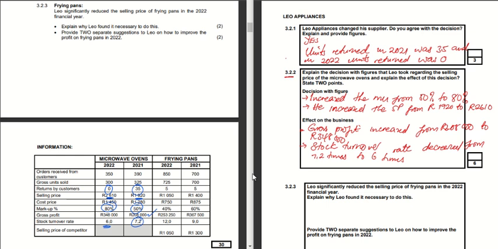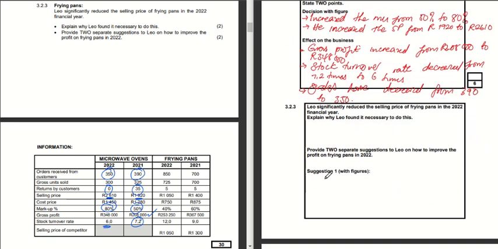The other effect is that once the price increases, the orders have decreased, from 390 to 350.